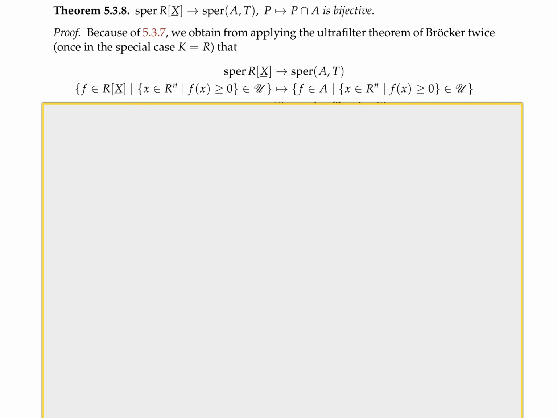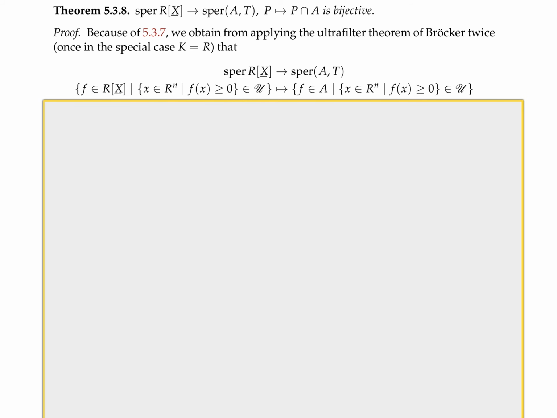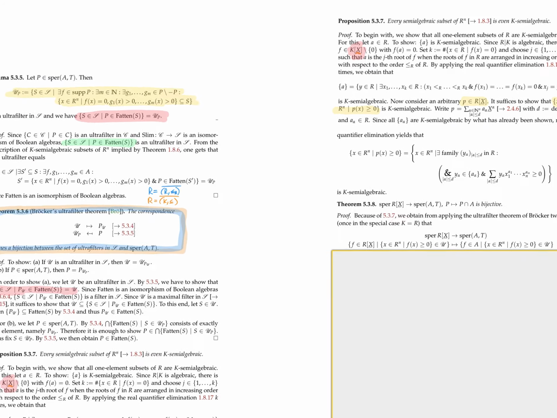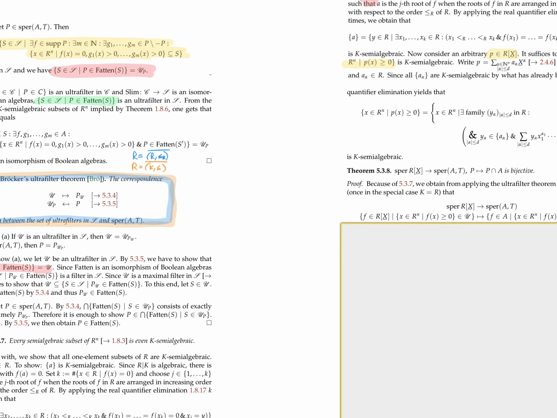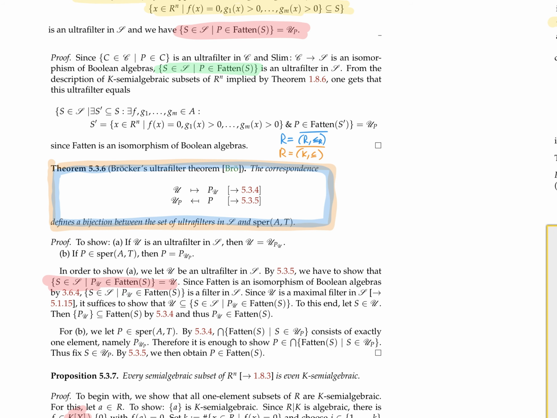So what did I do here? I said I start here with an element of this real spectrum, and I chose to do it like this. I apply the blue version of the theorem, which is in the situation where K equals R. I don't use the lower line; maybe I could use it also, but I just ignore it.